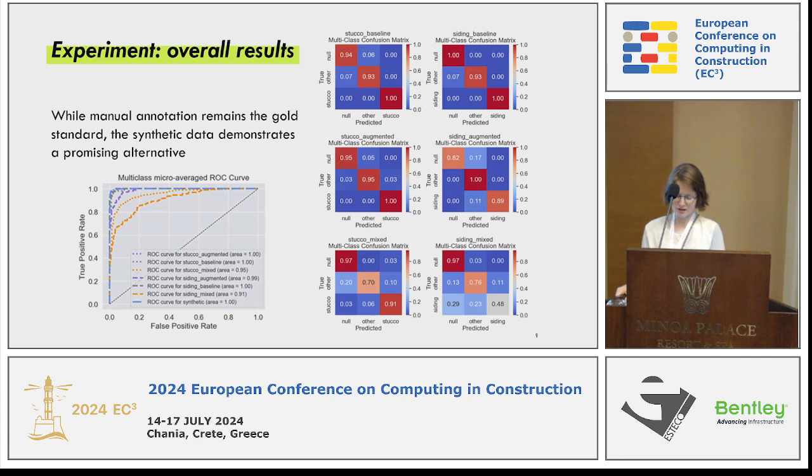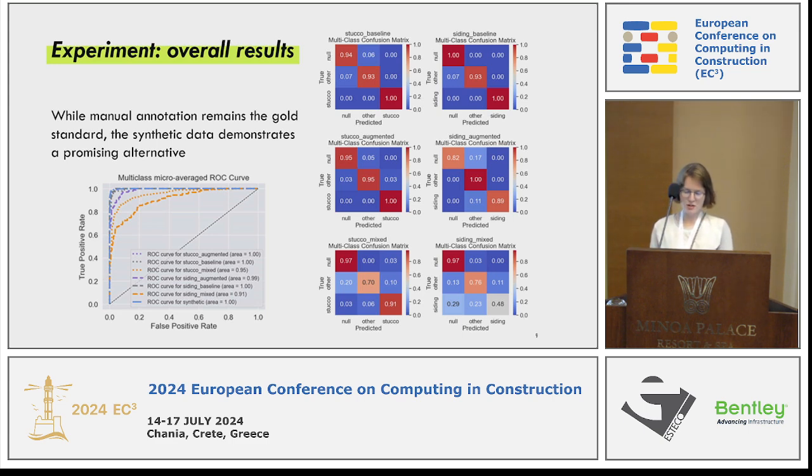And the stucco mixed sub-experiment at the bottom left had a much better performance than the siding mixed sub-experiment at the bottom right, because the training dataset was much larger, which leads us to believe that training with synthetic images requires a larger dataset than training with manually annotated images, because the texture details become lost in this process.